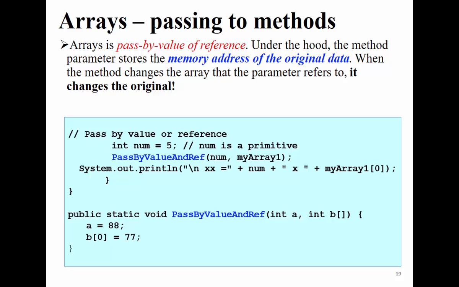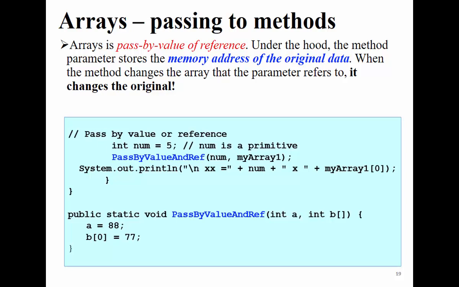Look at this example. We have pass by value and reference. So a here is an int, and the second argument is of type int array, so b is an argument of type array.